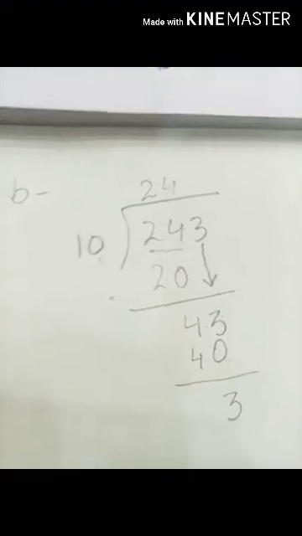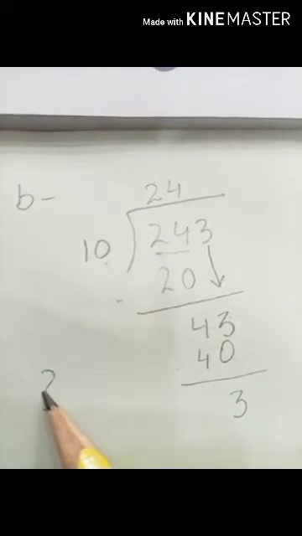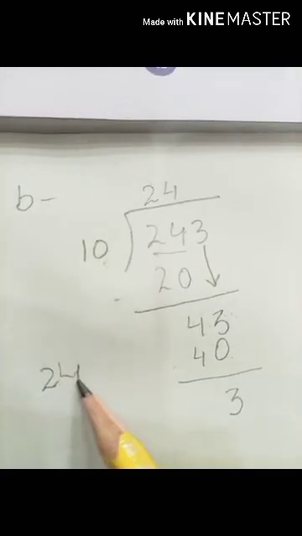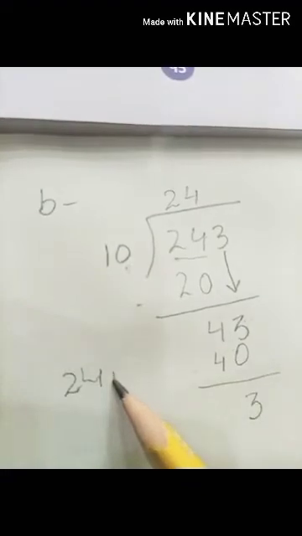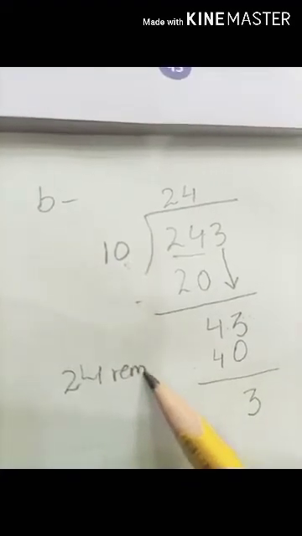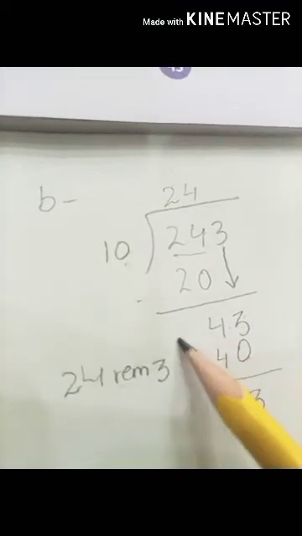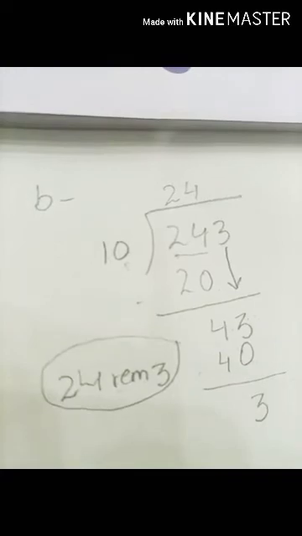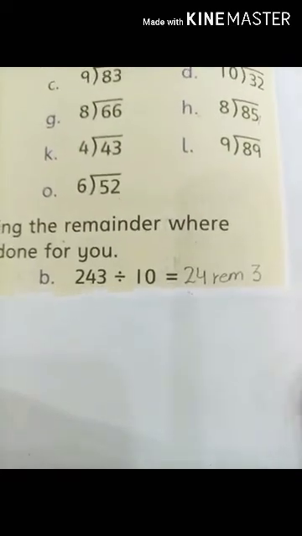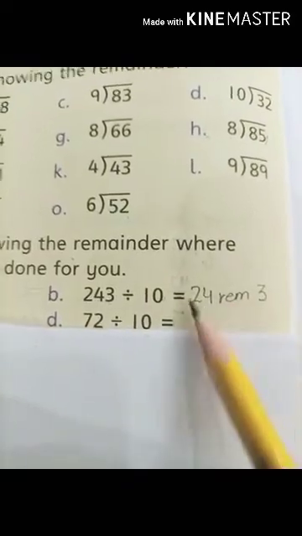So students, we can write our answer as, our quotient is 24 and our remainder is, I am writing REM for the remainder, 3. So we are going to write this in the answer in the book. Look at this students, I have written 24 remainder 3, that is the answer of my question.